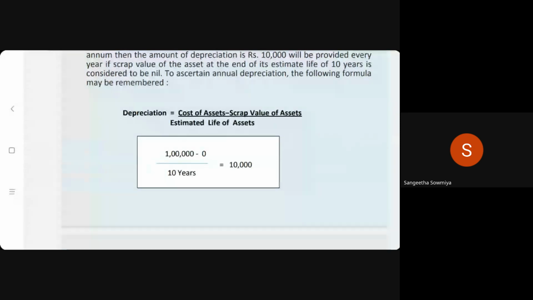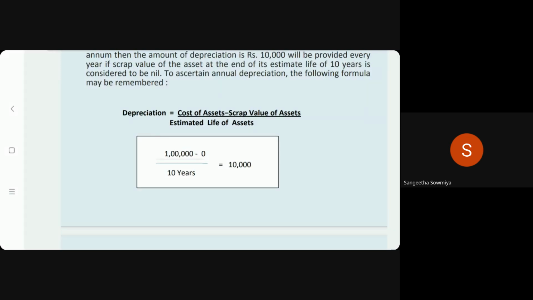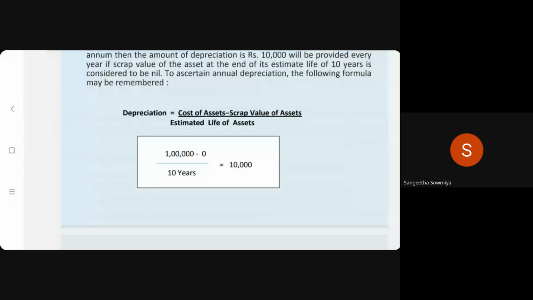If you are selling it as scrap, that is called scrap value, right? So cost of the asset minus scrap value divided by the estimated life of the asset. Suppose 10 years means 10 years: 10,000 minus 1000 rupees divided by 10 years. That is called the depreciation under the straight line method. Okay.